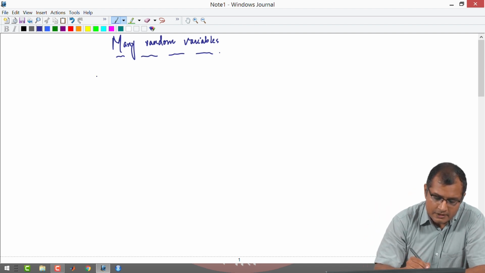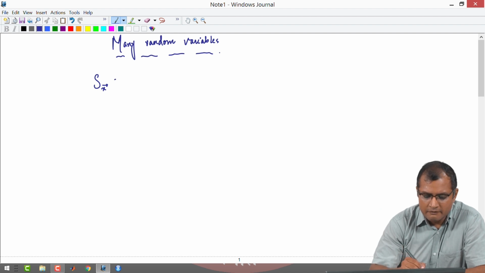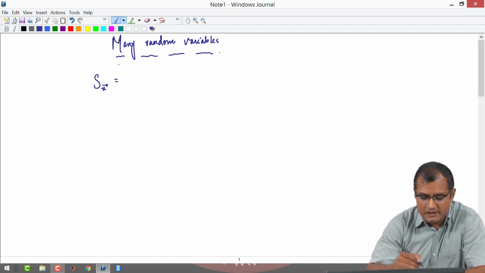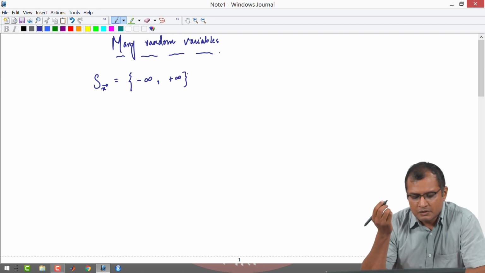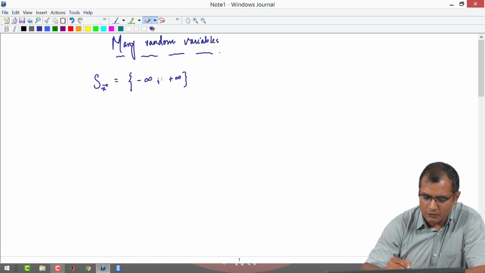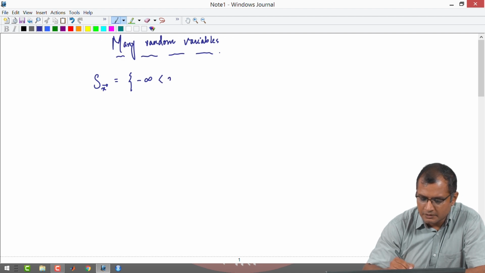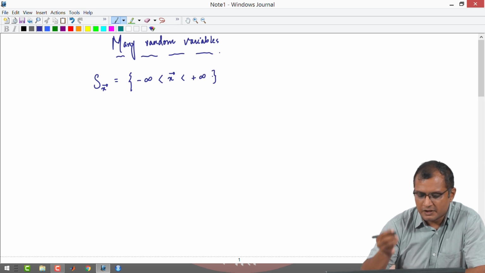So let me take the set of outcomes for a random variable. This time I am taking it as a vector, and it will become very clear why I have taken the random variable as a vector. So the set of outcomes, let us say, is between minus infinity to plus infinity. I'm going to write it as my vector x between minus infinity to plus infinity.